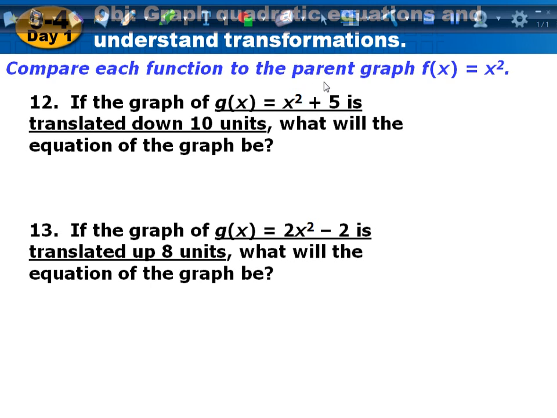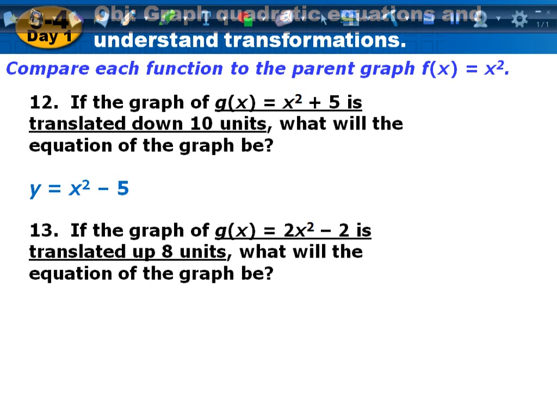If I translate that down 10 units from the origin, it's going to be at a -5 instead of a +5. So it's going to go up here from +5 and it's going to shift down 10 units and be at a -5. So your equation would be, you could pick h of x equals, or you can pick y equals x squared minus 5.